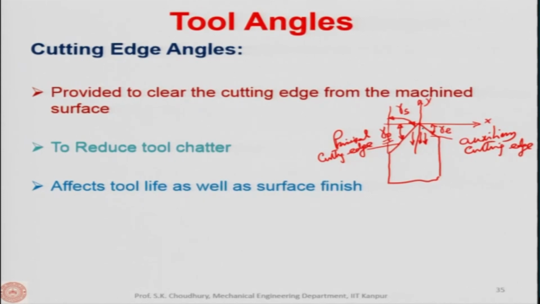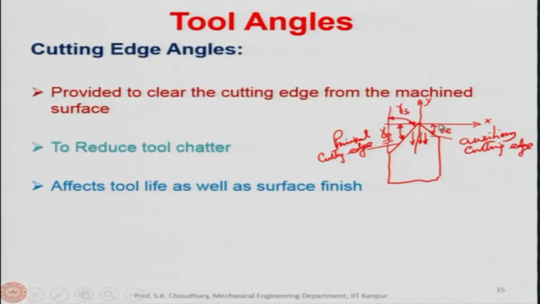So, to reduce the tool chatter, we have to have the appropriate values of the principal cutting edge angle and the end cutting edge angle, gamma p and gamma e, because this also affects the surface finish. So, when the source of vibration is from within the system, it is the tool chatter.